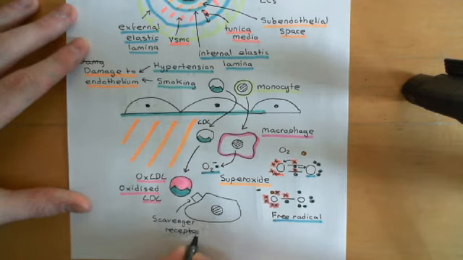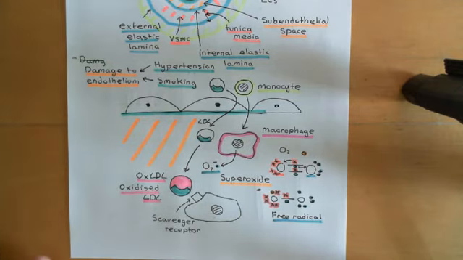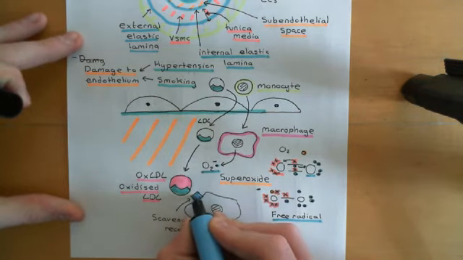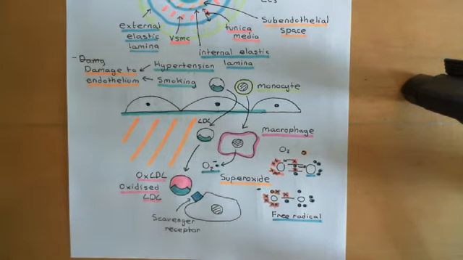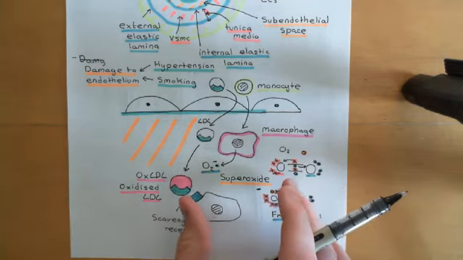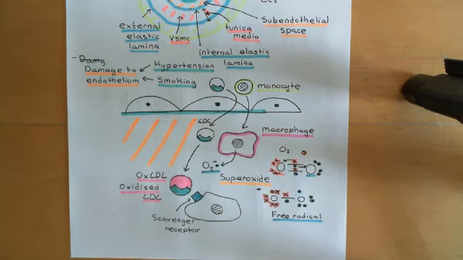Now the scavenger receptor seems to be particularly good at endocytosing the oxidized LDL over the normal LDL. So what starts happening is these macrophages start taking up the oxidized LDL. And of course you get a huge amount of oxidized LDL potentially produced here, especially if you're hypercholesterolemic.